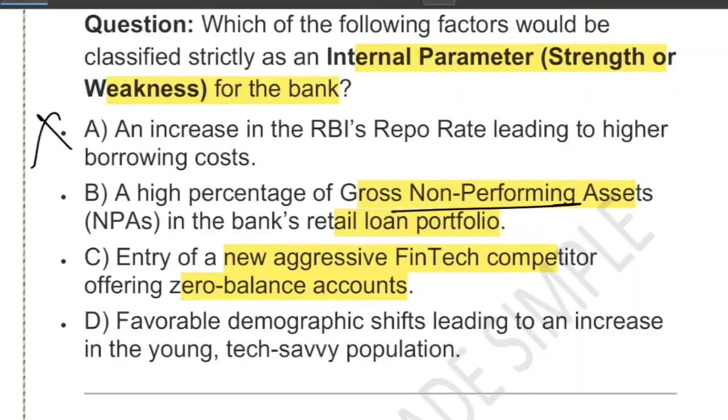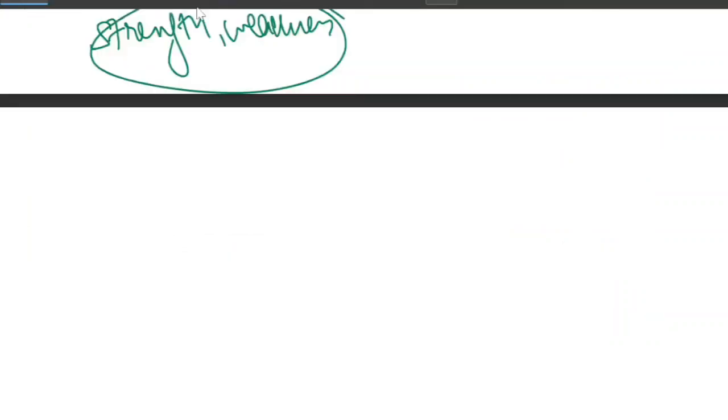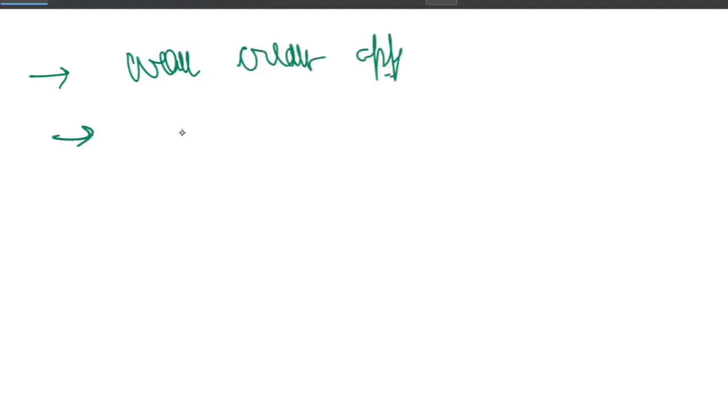Yes, you know about gross NPA, right? Obviously gross NPA is the result of the bank's own process. For example, it may be because of weak credit appraisal, or slow recovery process, or no proper monitoring.